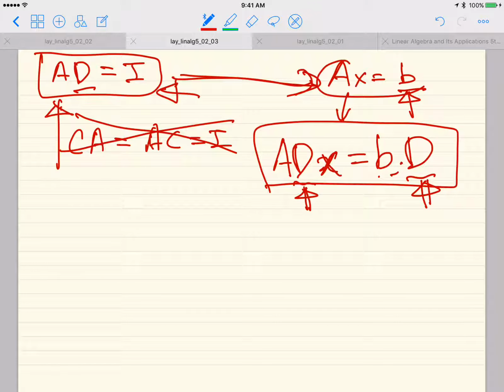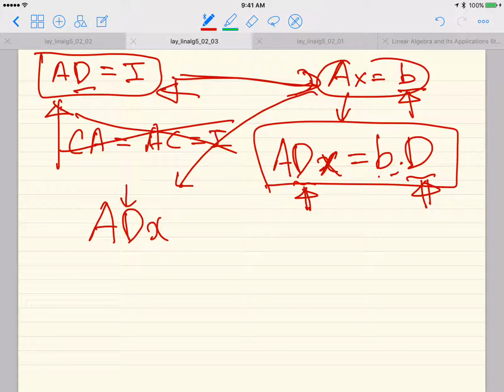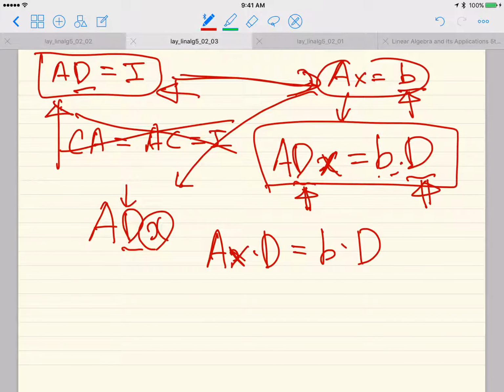If we try to multiply D on the right, then we cannot easily multiply D here because X is placed already on the right side of A. So if you multiply D, then it will be something like this, right? So we cannot easily obtain this, but it's a little bit tricky, and yet it's almost close to the answer.